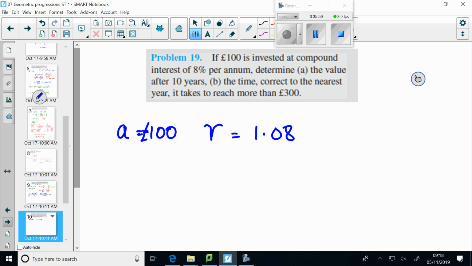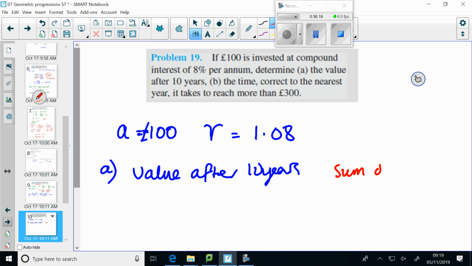Determine the value after 10 years. What's that looking for? Yeah, exactly. Is it the sum of 10 of the terms?